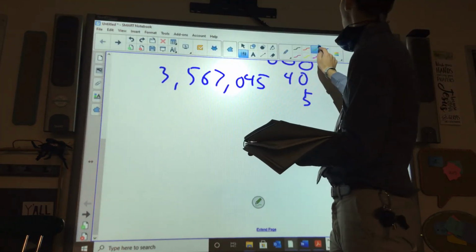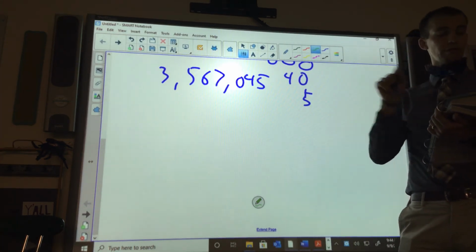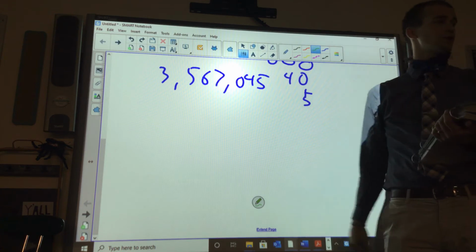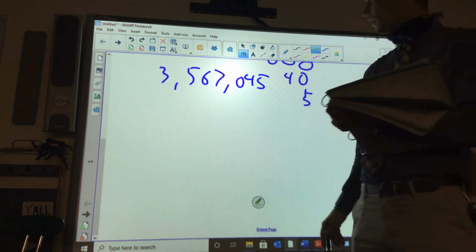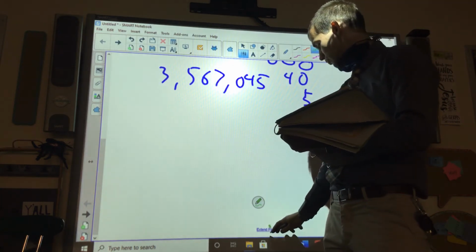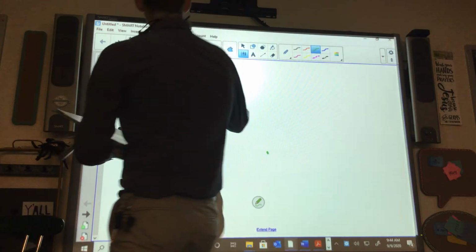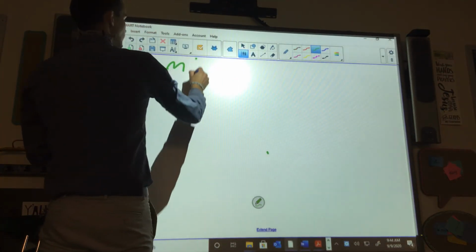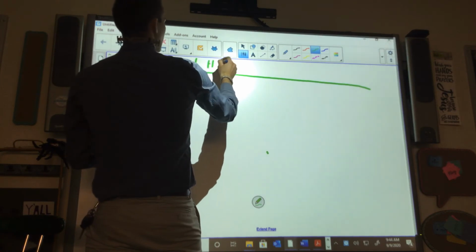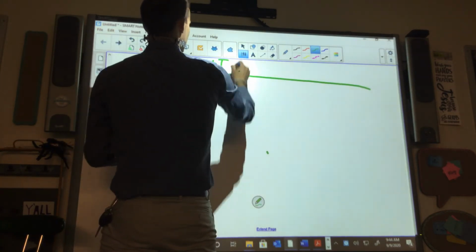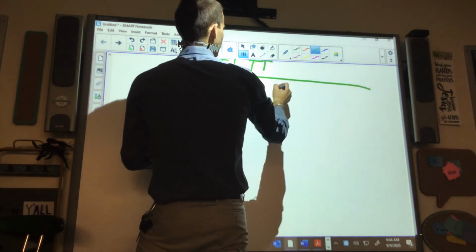Alright, so then if you look on here, it says read numbers to 10 million. This is on page 13, so you should be on page 13 following along with what we're doing. So they've got the million spot, and then you've got 100,000s, 10,000s.